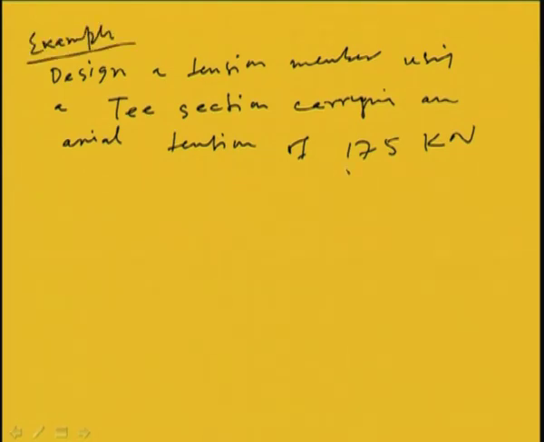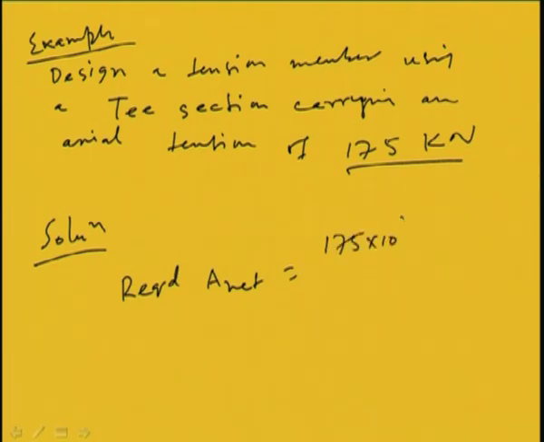In this case, going to the solution, first the net area required will be 175 by sigma 80, which is 150, which will become 1166.7, as we have done earlier.